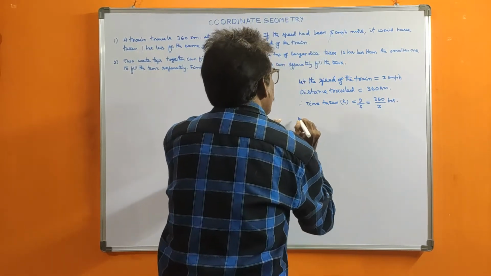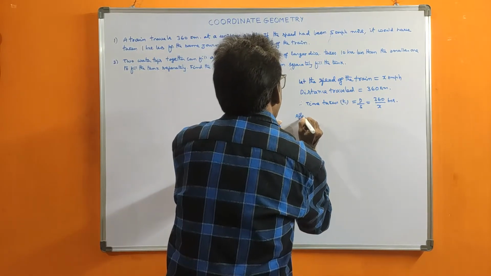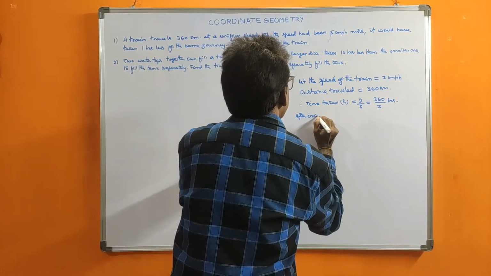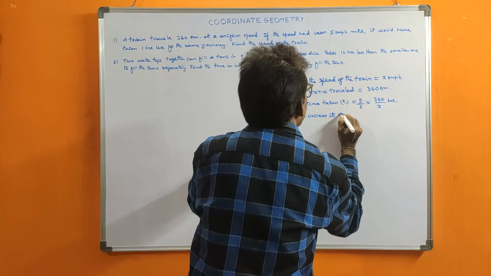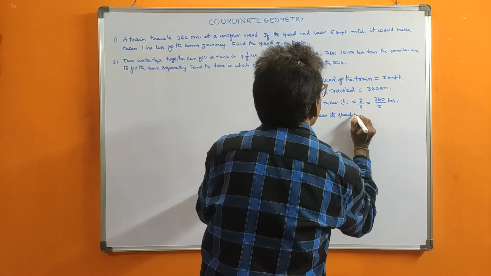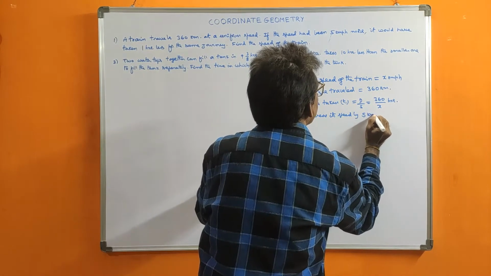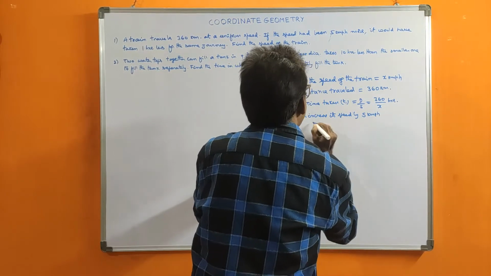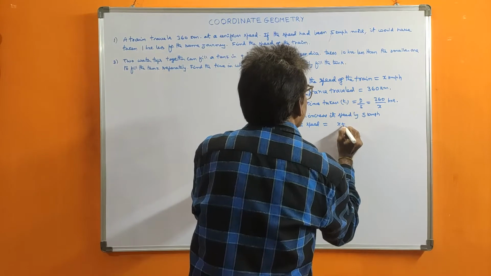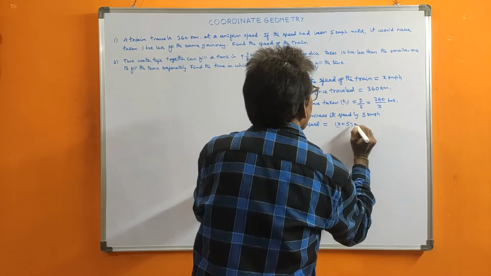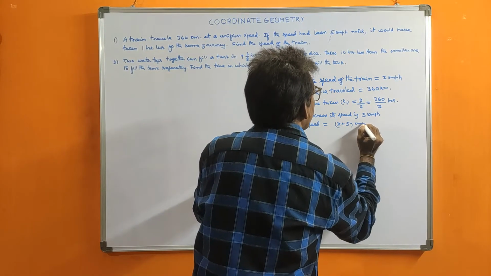Next, after increasing its speed by 5 kmph, its speed is equal to x plus 5 kmph.